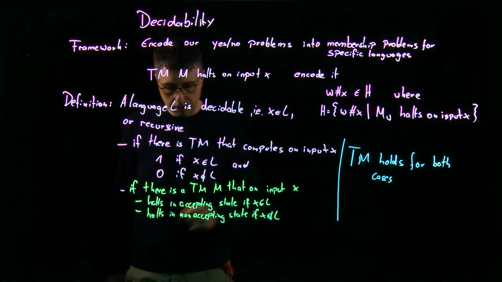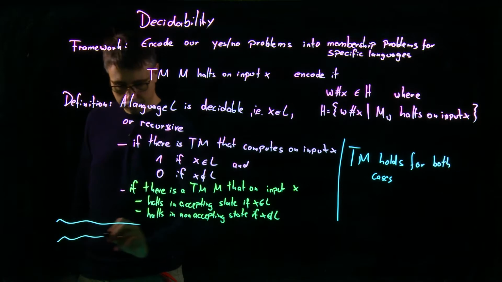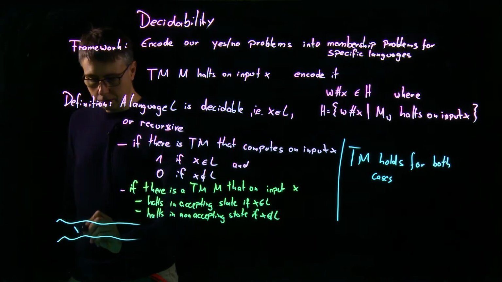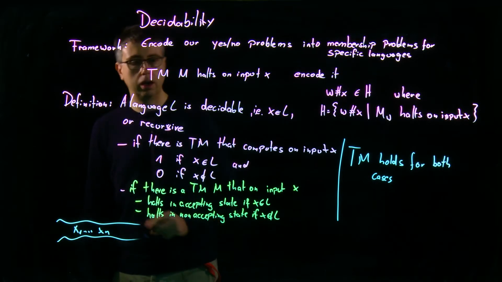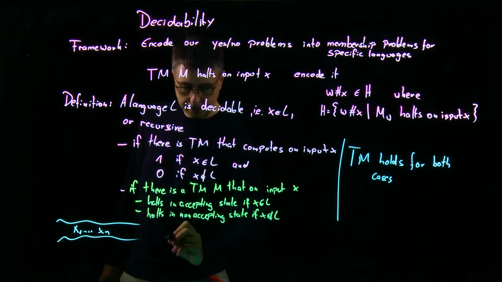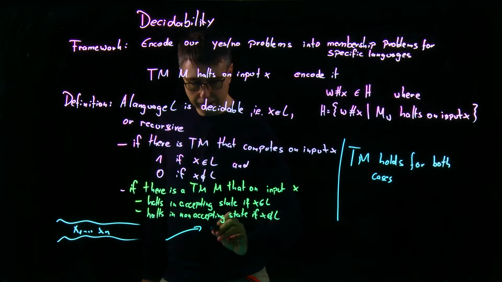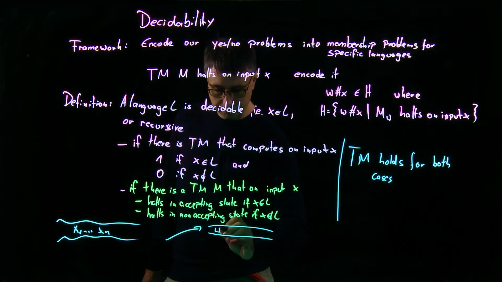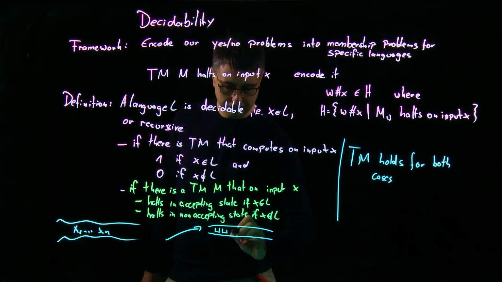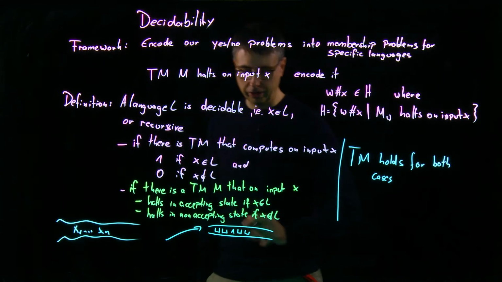Okay, how does it look? First idea is, of course, we have on the tape the input x1 to xn of x, and in the first case, if the word is in the language, then we should have a Turing machine that changes the tape such that we have a 1 on the tape.